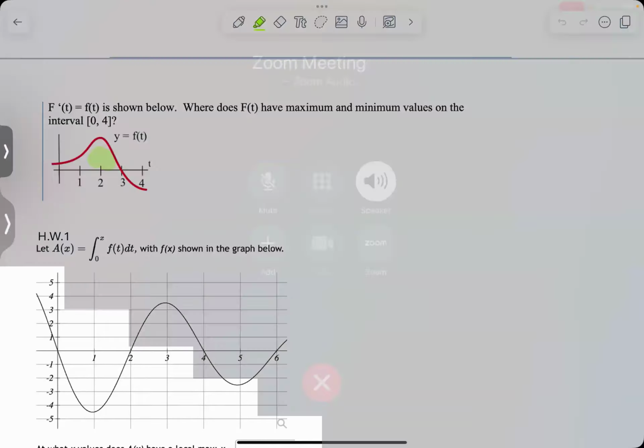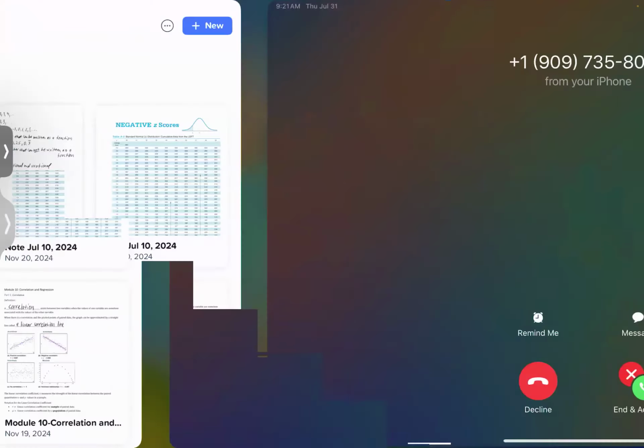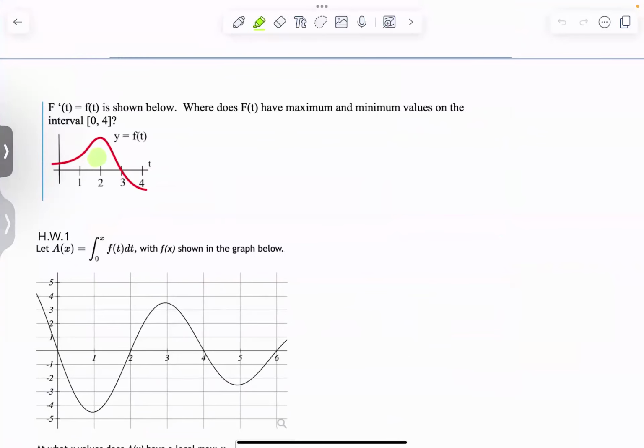Yeah, okay. So here is my positive area. Let me turn that off one second.